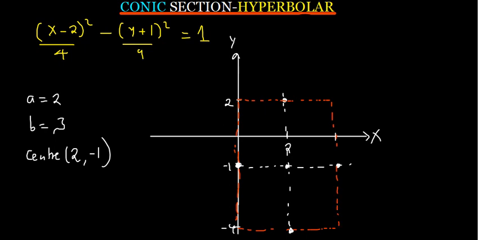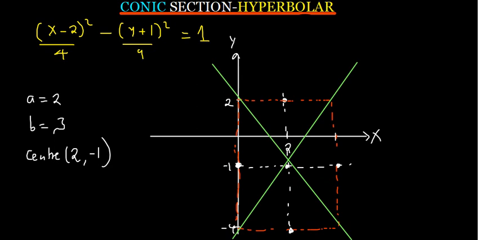And then now let's also get to draw diagonals which are going to pass through all these points that we're able to see. And it should always pass through the center.